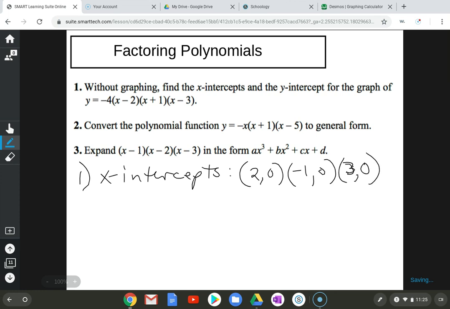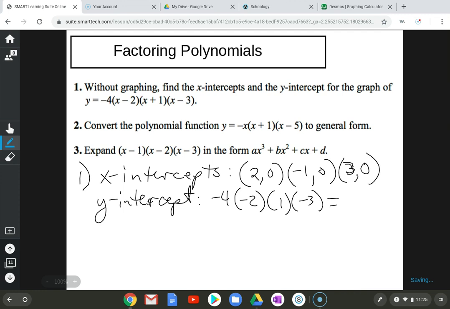So to find the y-intercept, set your x equal to 0. So we'd have -4 times -2 times 1 times -3. So we end up with -24. So our y-intercept would be 0, -24.